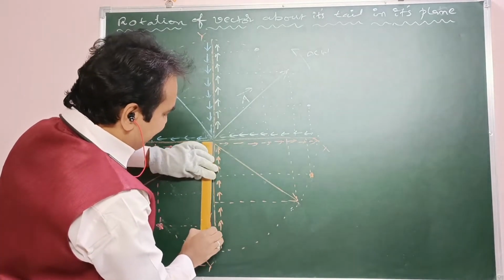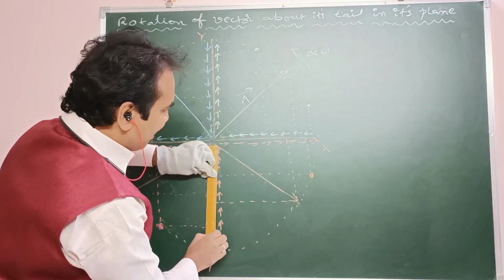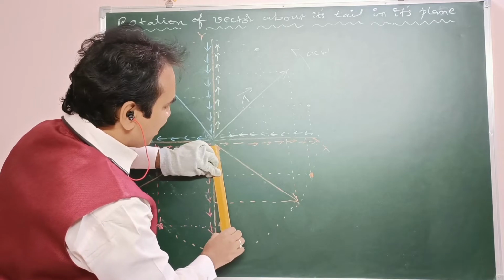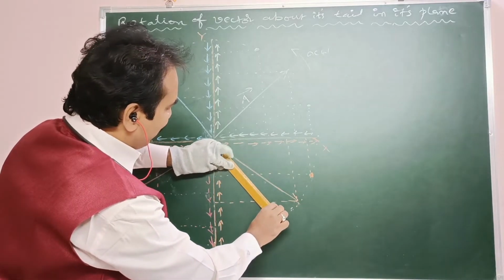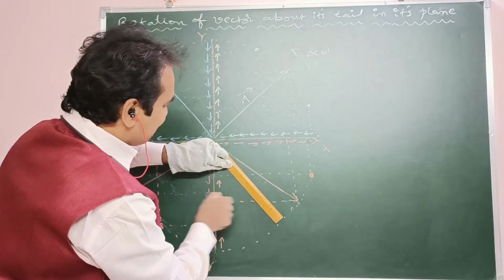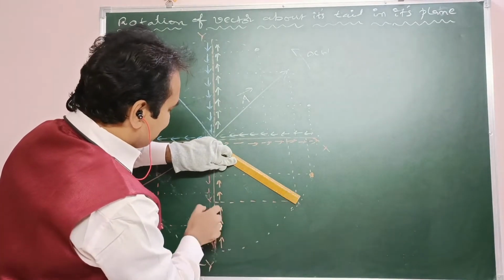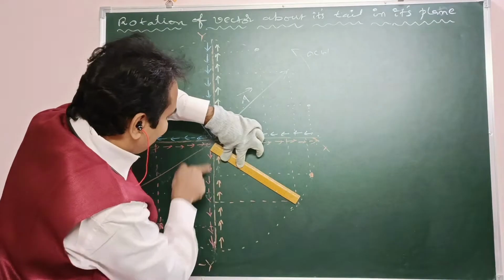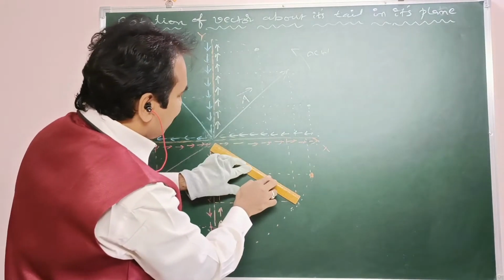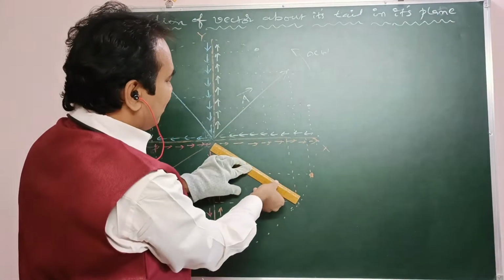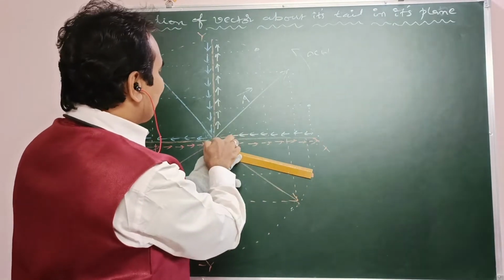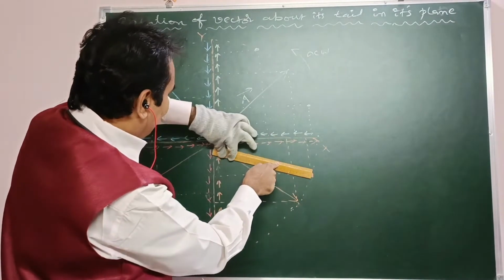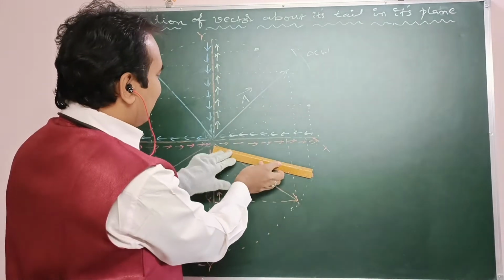Okay. The same vector is rotated further and enters the fourth quadrant. What happens? Y coordinate decreases, reaches here, this is the y coordinate. From here to there, this is the x coordinate. If it is further rotated like that, from here to there, this is the x coordinate, and from here to there, this is the y coordinate.